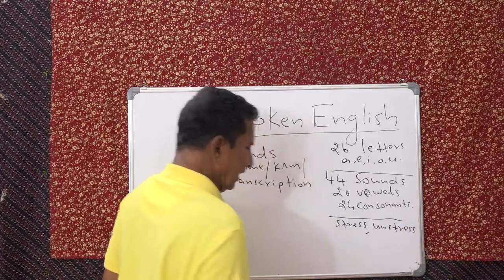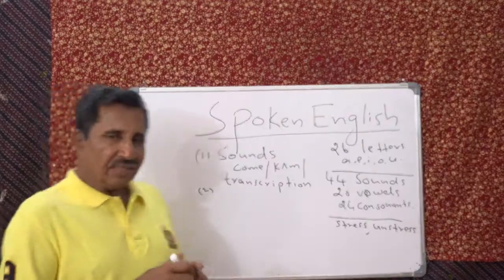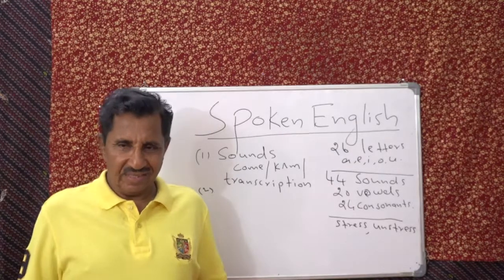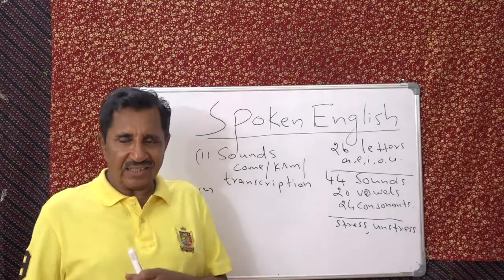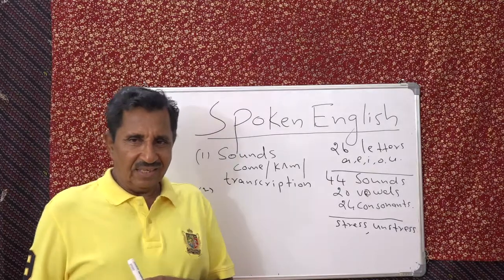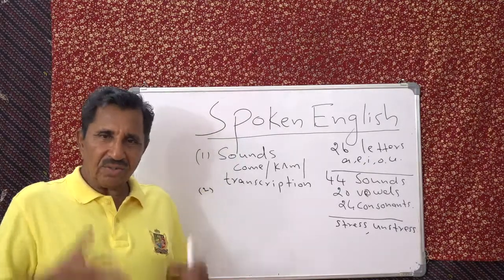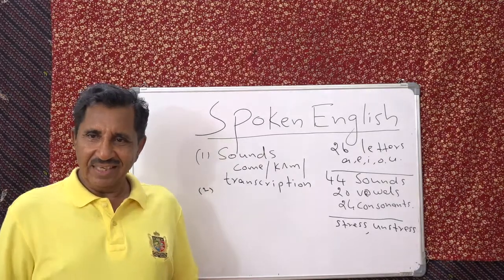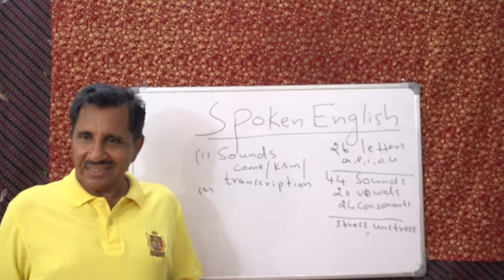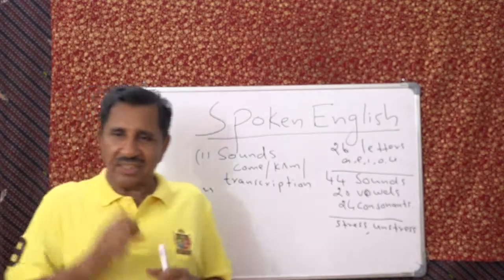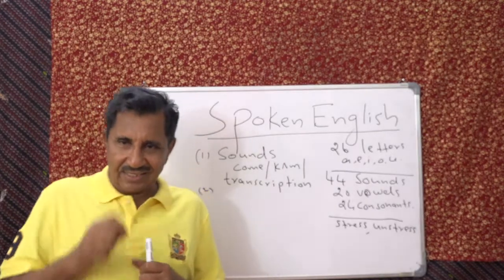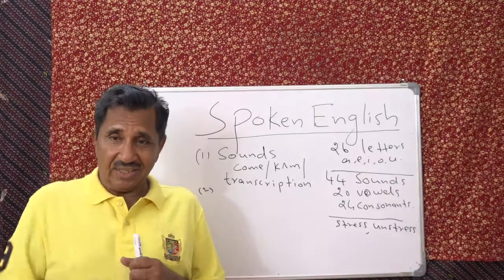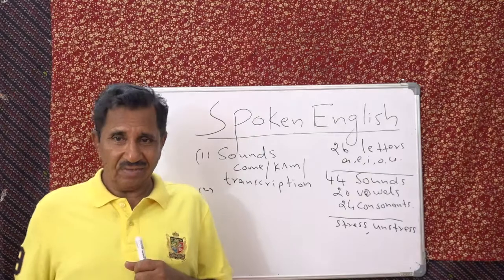Certain parts you stress, certain parts you don't stress. Understand? Stressing and unstressing. So when you say, he goes to school every day, you are stressing some words, isn't it? So this is a characteristic of English, spoken English, we say.